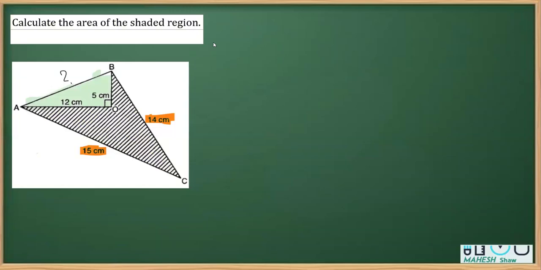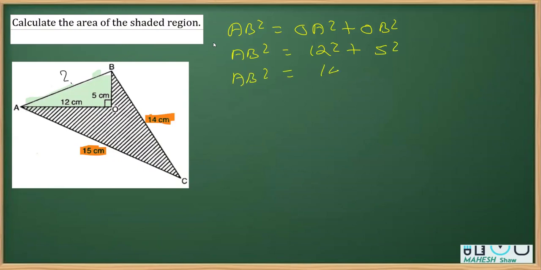So we can use Pythagoras theorem and say square of the hypotenuse, which is AB here, is equal to AO square plus OB square. Now, we are going to place the value OA, which is 12, so that is 12 square, and OB, which is 5, so that is 5 square. That implies AB square is equal to 144 plus 25, so AB square is equal to 169.